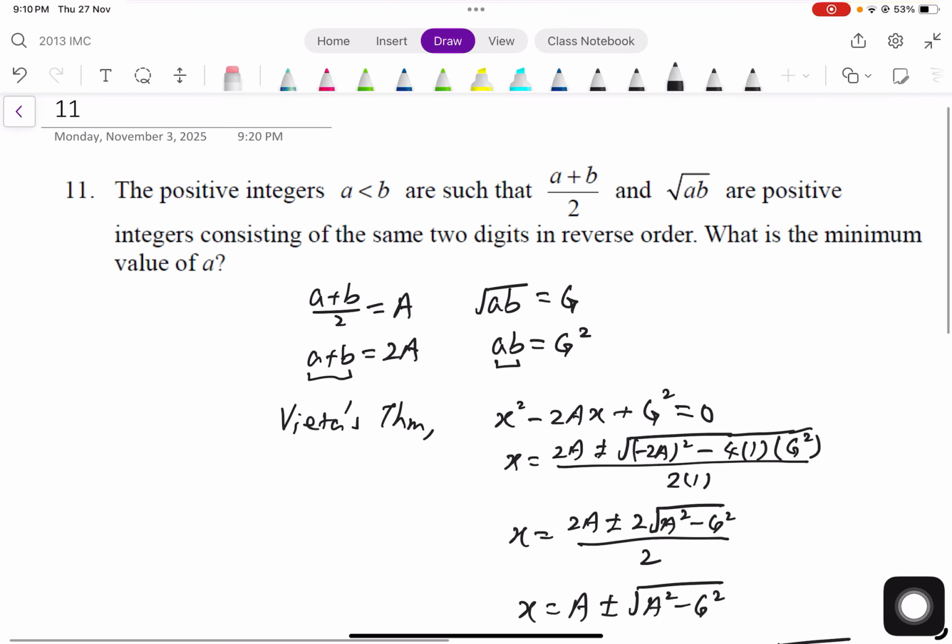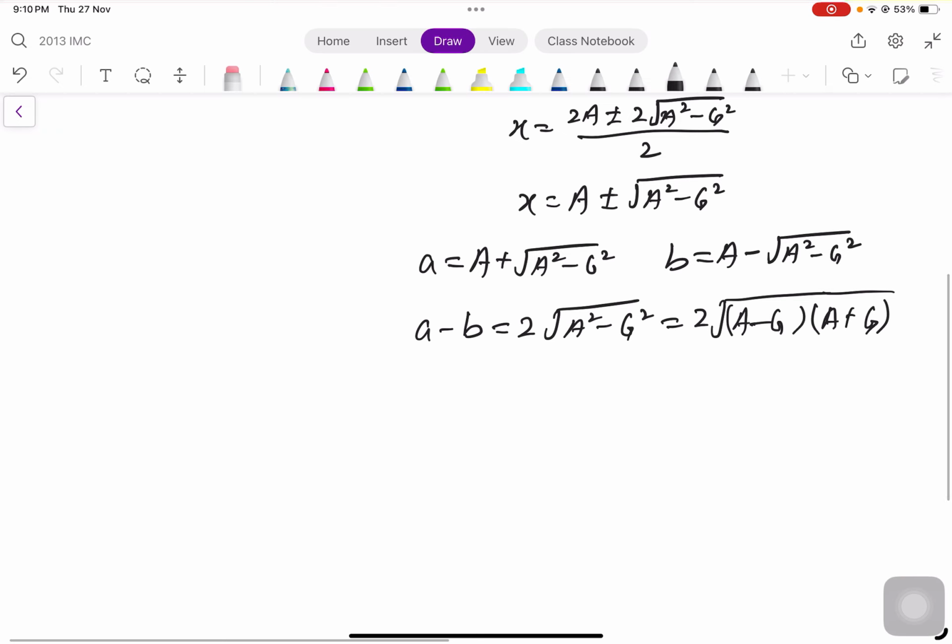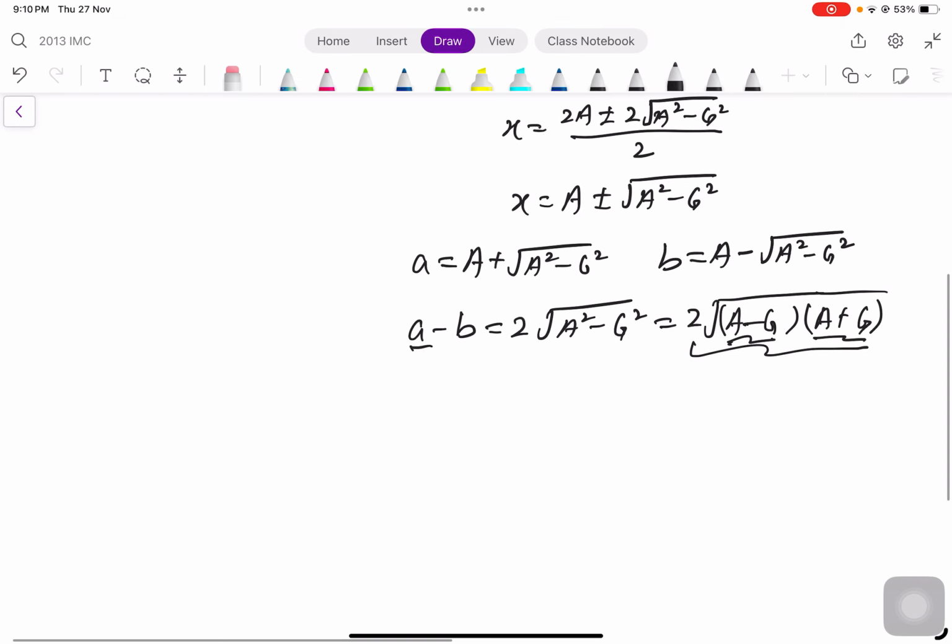Because it says that a and b are positive integers. Therefore (a minus g) multiplied by (a plus g) has to be a perfect square, so that a minus b can be an integer. Therefore (a plus g) times (a minus g) must be equal to n squared.